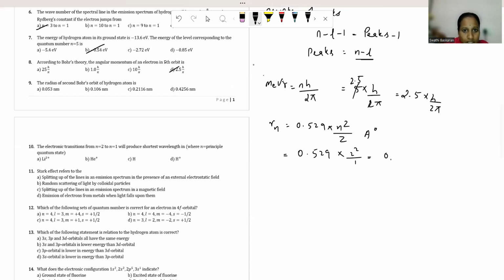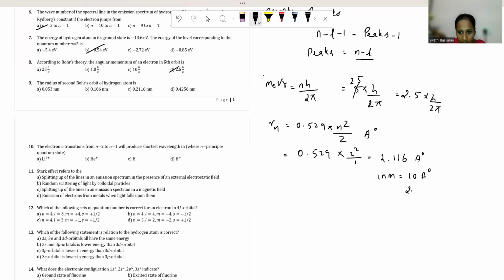Sorry, 1 second. In angstrom units, when you are multiplying this, that is 0.529 into 4, you get a value of 2.116. Okay, angstrom units you will get, but this needs to be expressed in terms of nanometers, and you know the relationship between nanometers and angstrom, that is 1 nanometer is equal to 10 angstrom units.